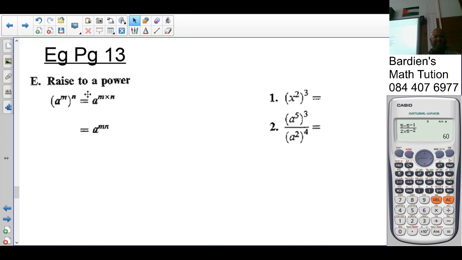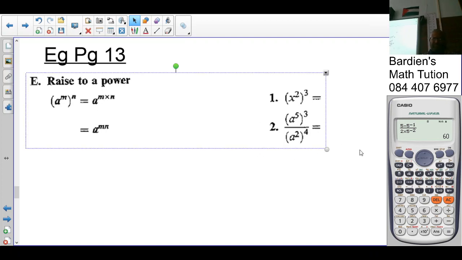In E, which is raised to a power, you got a to the n and a to the m raised to the power n is equal to a to the m times n, or a to the mn. And then you write those two examples down.